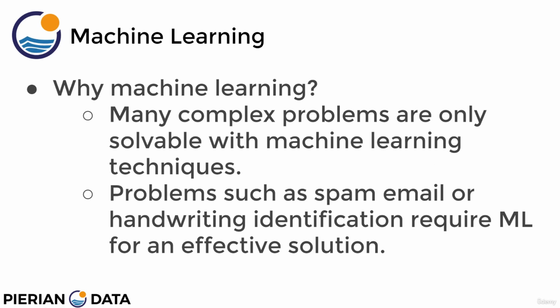So, why do we actually use machine learning in general? Well, many complex problems are actually only solvable with machine learning techniques. Problems such as spam email or even things that are more complex, like identifying handwriting, require machine learning for an effective solution. In fact, machine learning is present throughout our lives if you're using any sort of modern technology.